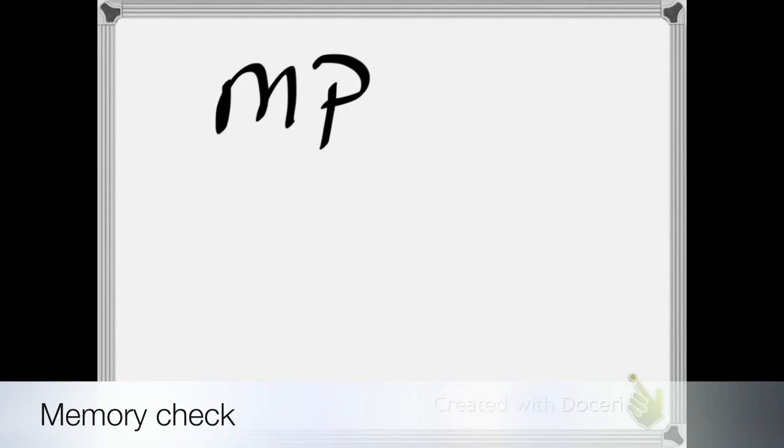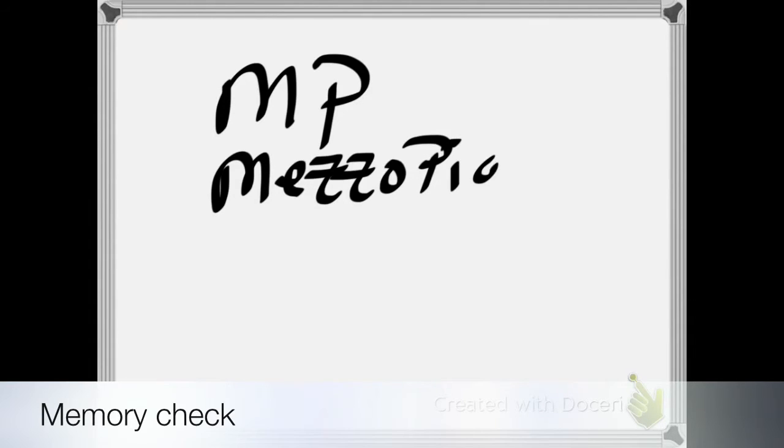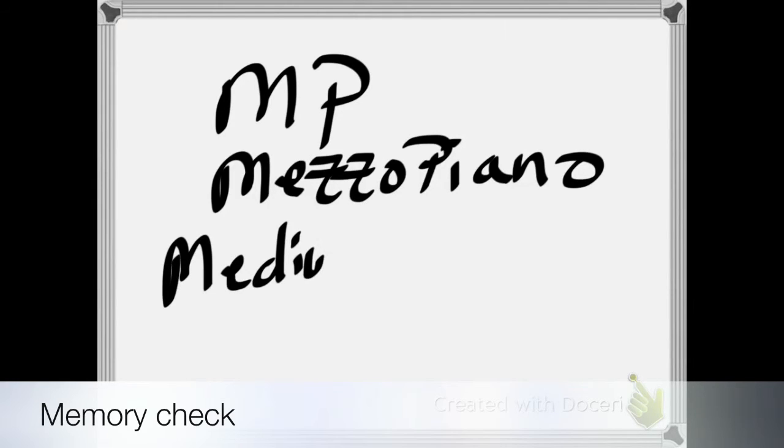Next is MP. What does it mean? Yes, it stands for mezzo piano. And that translates for us, tells us to play how? That's right. Medium softly.